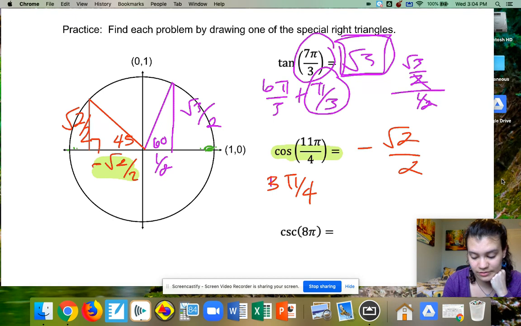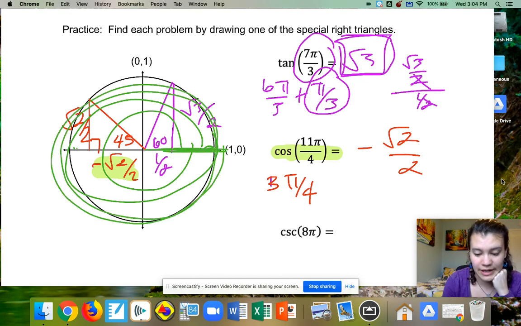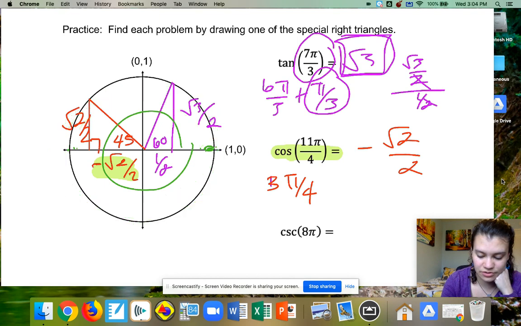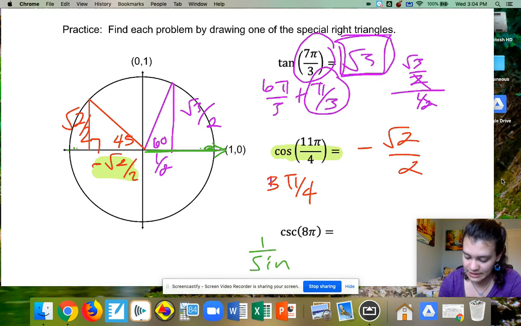So we did 2 pi, 4 pi, 6 pi, 8 pi to end up back at the same spot. So I'll erase those circles just so you can still see stuff. But we end up right here. Cosecant is 1 over sine. So 1 over y again, 1 over 0, and undefined.